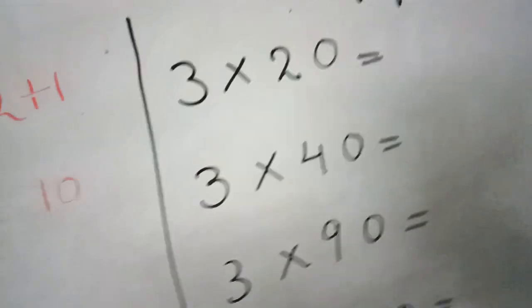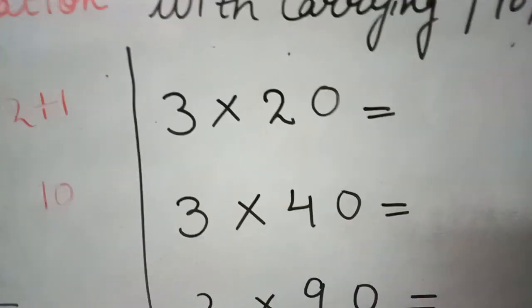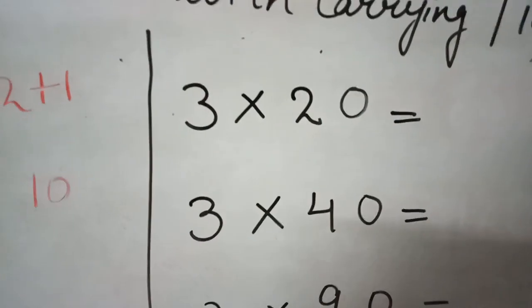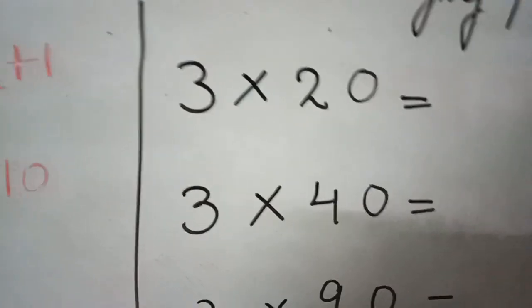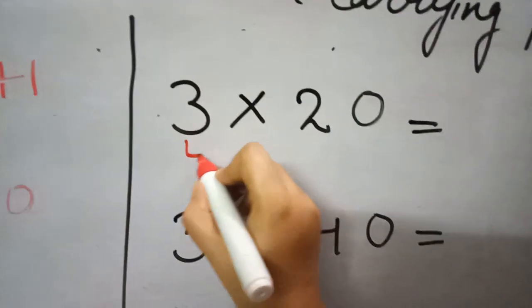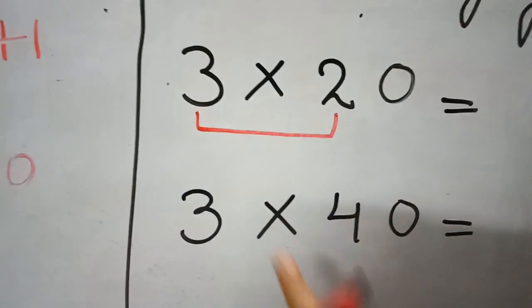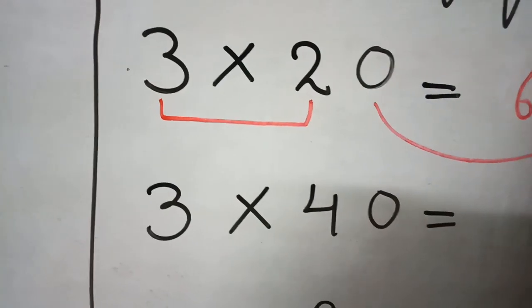Now come to one other part. Okay, if we have a sum like this, what do we have to do? We have to think logically. We take only this and multiply this only. 3 2s are 6, and take 0 here. It becomes 60.